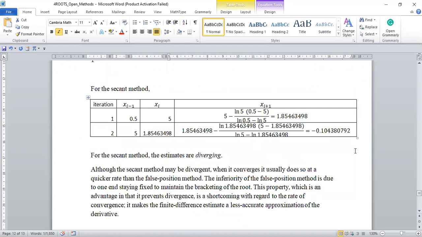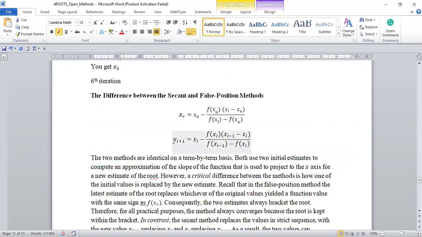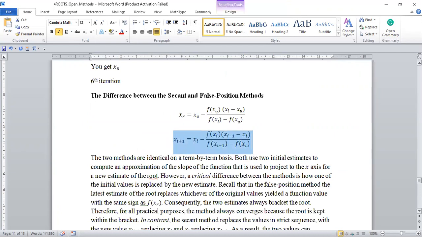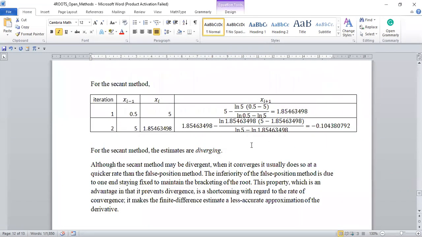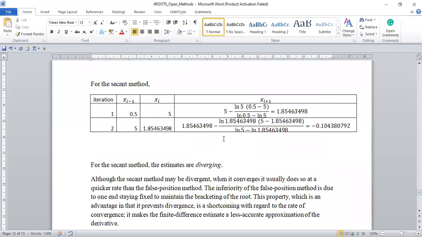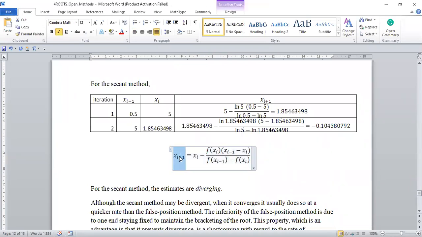So you evaluate, this is the equation. Let me just bring it down again. This is the equation for the secant method. For the first iteration, you're going to evaluate x1.